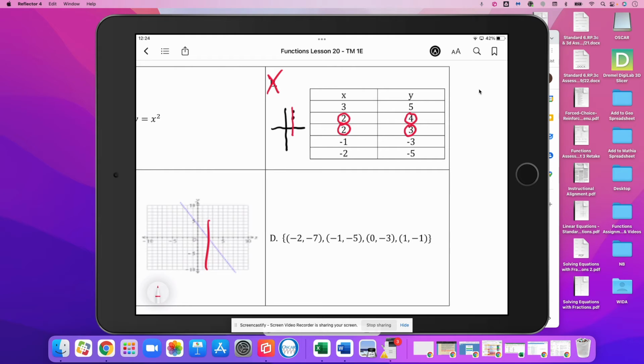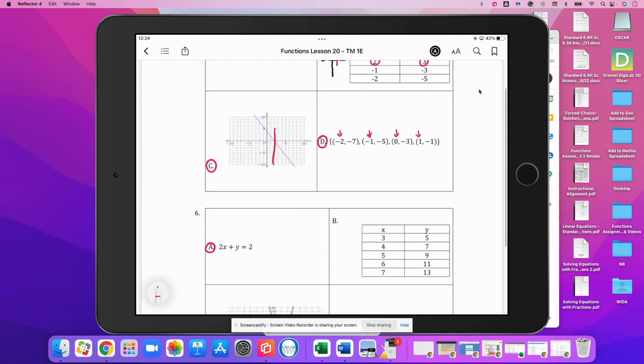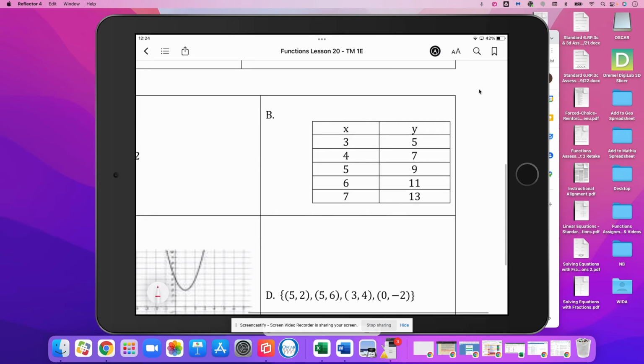All right, next we have negative 2, negative 1, 0, and 1. No repeats in our x values. So yes, that's going to be a function. Moving on down the line, 3, 4, 5, 6, 7, no repeats.